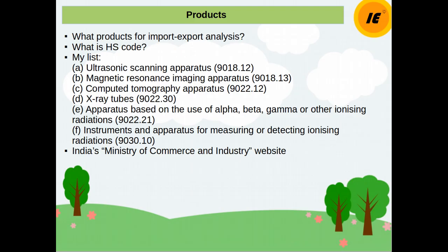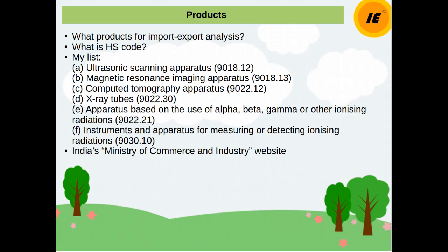But okay, first we need to understand that there is an international body which assigns something called an HS code for each product. After this slide, I will show you the particular website and other things also.